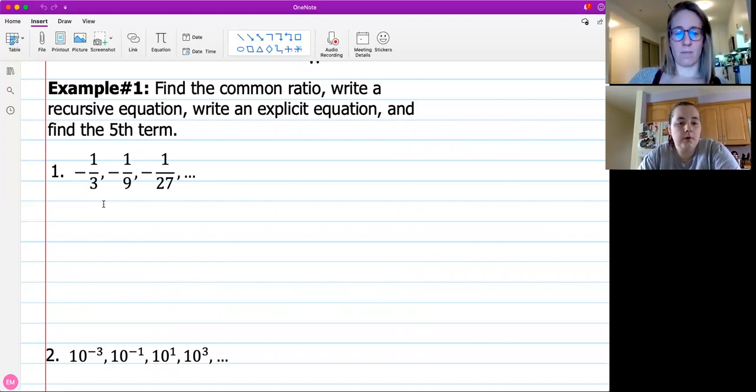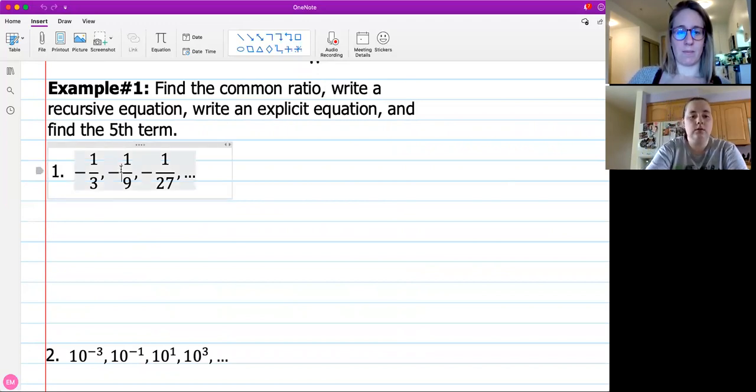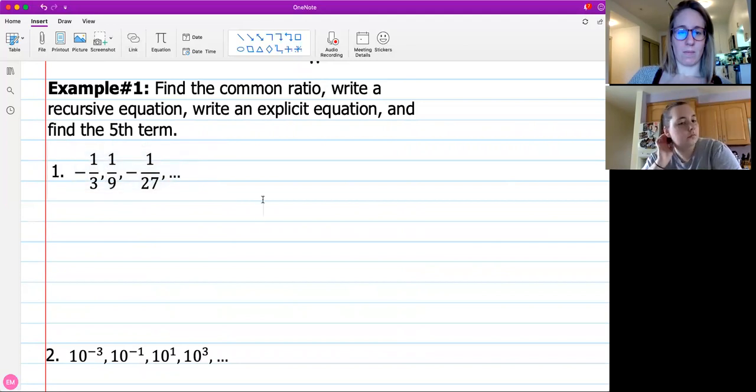So for this first sequence, to get to our common ratio, we can take the second term and divide it by the first term. But I feel like this one's pretty easy to spot, so we're just going to look at it.